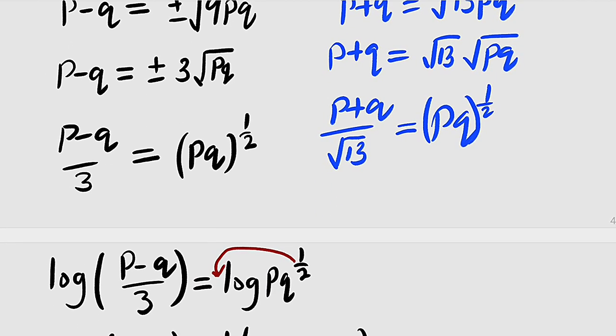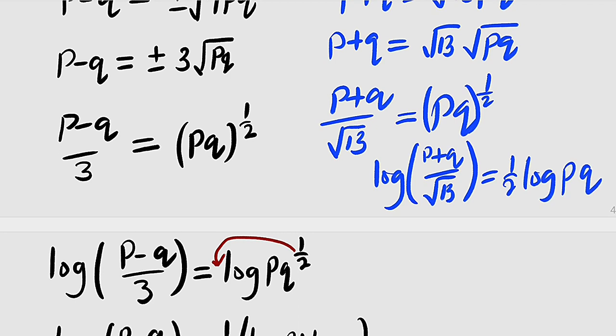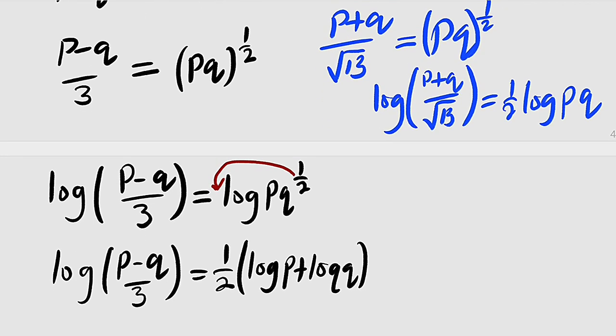Now we can take log on both sides. We have log of (p plus q) divided by root 13. This is equal to half log of what? pq, from one of the laws of logarithm. And from one of the laws of logarithm, we can rewrite the right hand side.